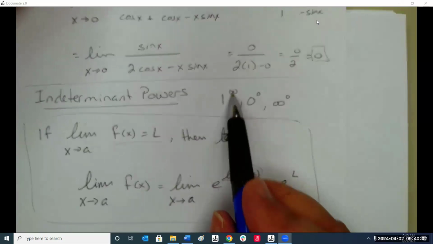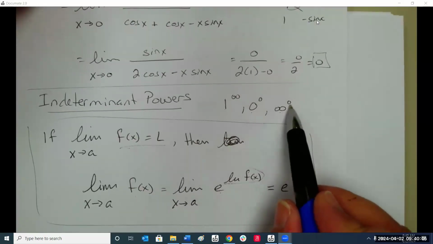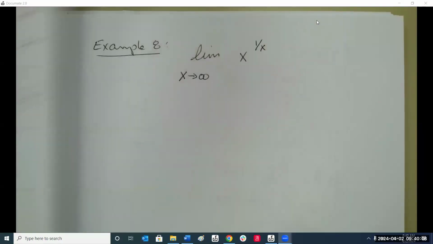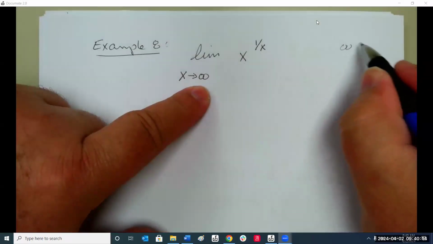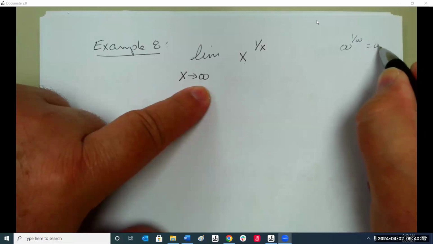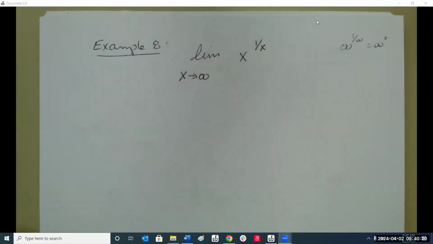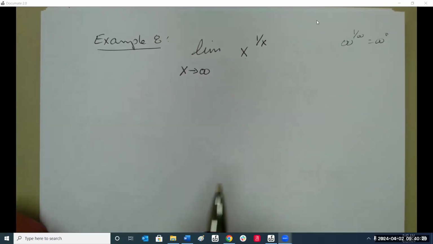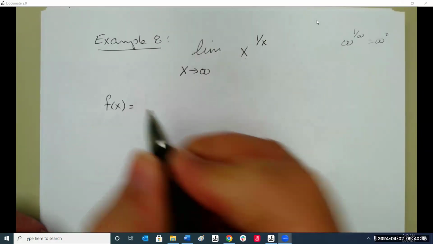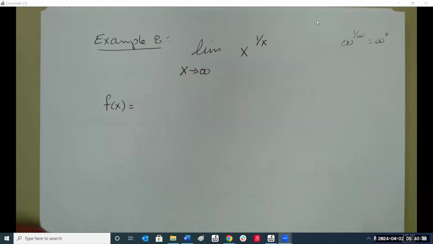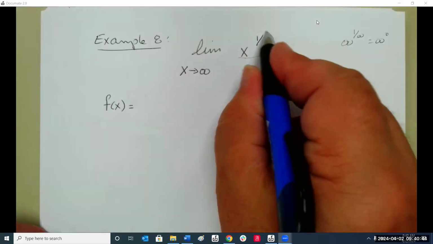Is it 1 to the power infinity, 0 to the power 0, or infinity to the power 0? Yeah, as x goes to infinity, we get infinity to the power 1 over infinity, which is infinity to the power 0. So how do we solve this? What's our f of x? This is our f of x right here.